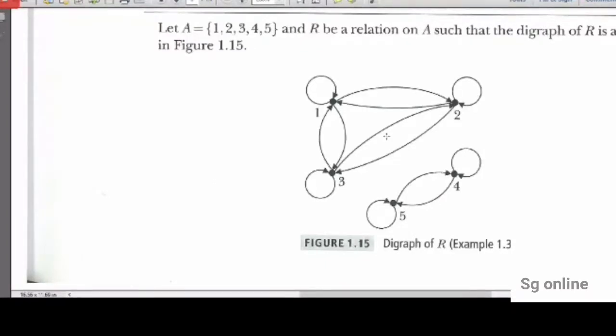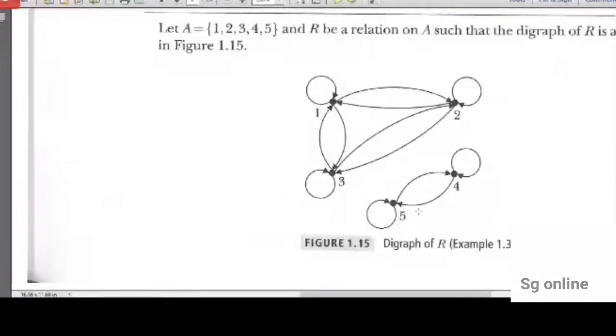You see again that in the other part also there is 4 5 and 5 4. So this graph corresponds to an equivalence relation.